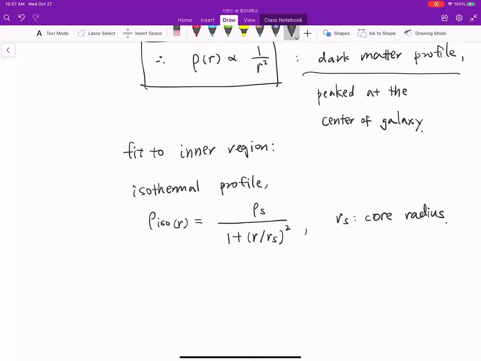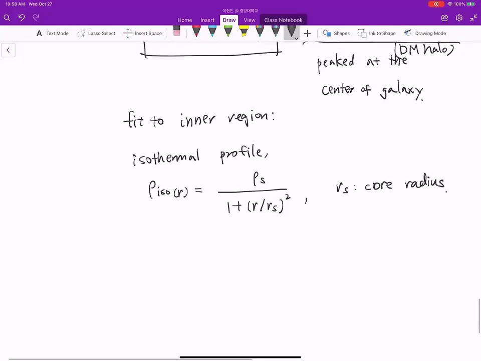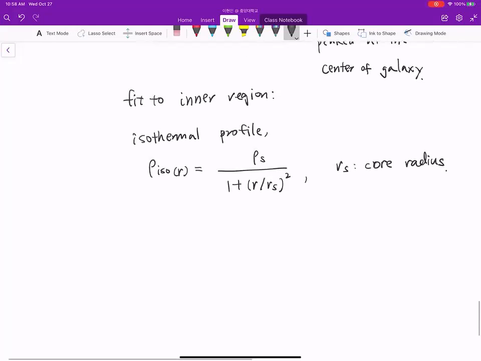So it's a dark matter halo. It's like a moon halo. If you see the full moon, then you see some kind of cloud around there, spread over into the bulk region beyond the boundary of the moon. And the R_s is the core radius, and the rho_s the core density.